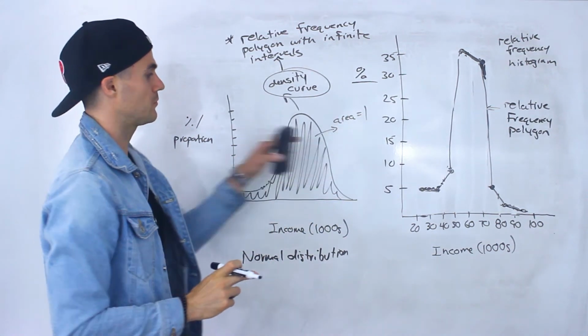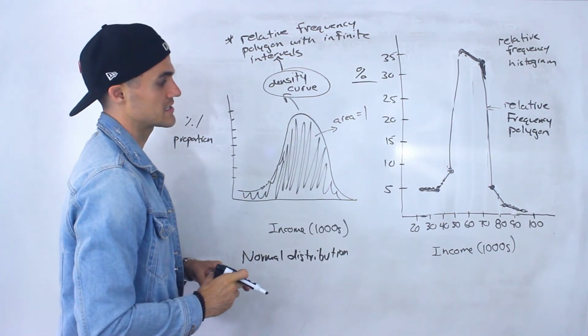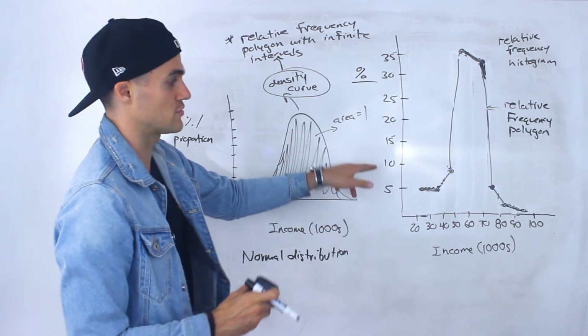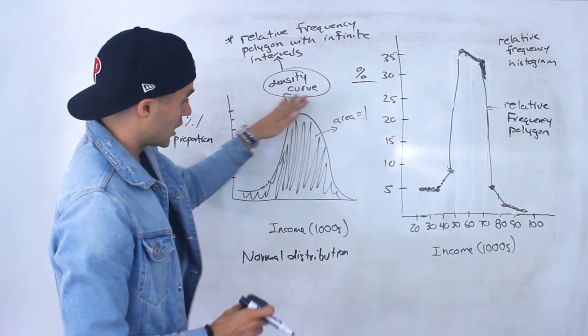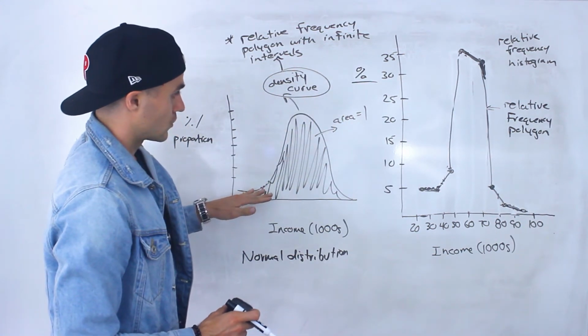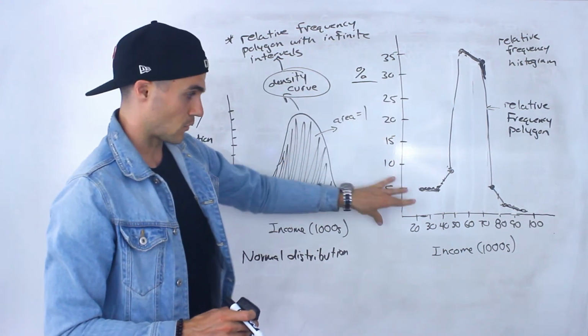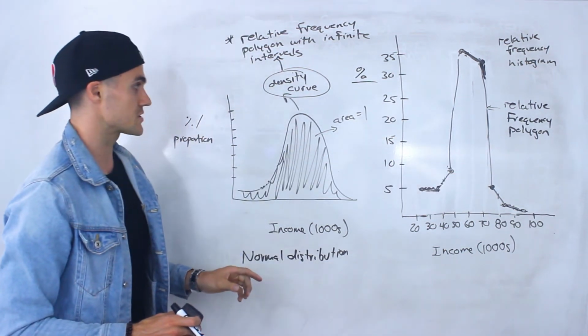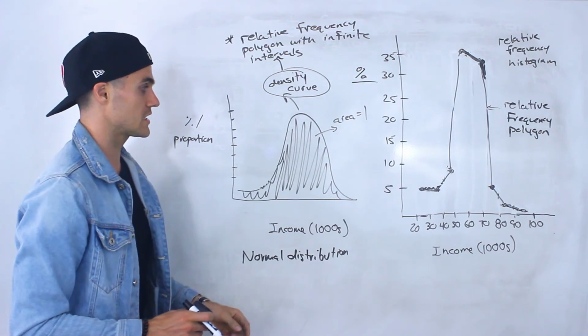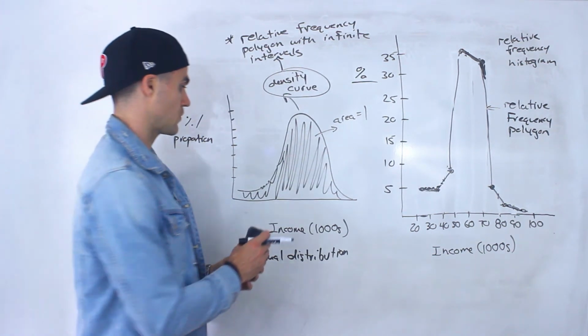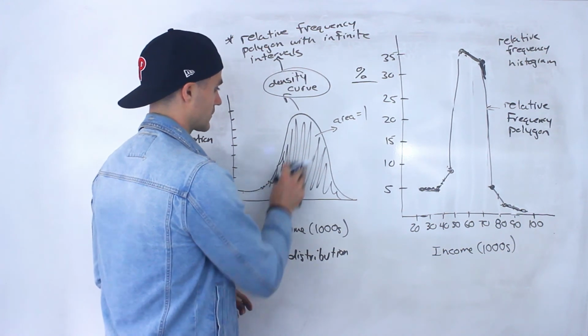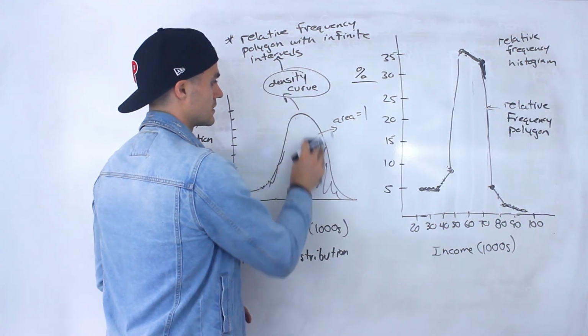But usually you're going to see 1 because this y-axis is usually going to be in decimals. So instead of having 5, you'll have like 0.05, 0.1, 0.15. So the area under this curve, representing all the data with that infinite amount of intervals, is always going to equal 1.